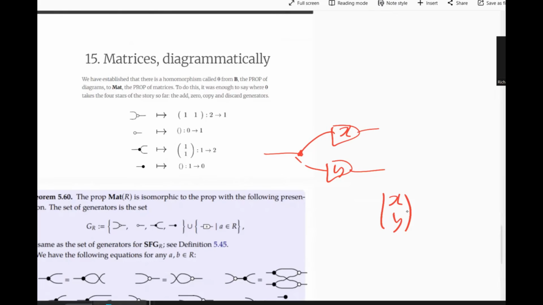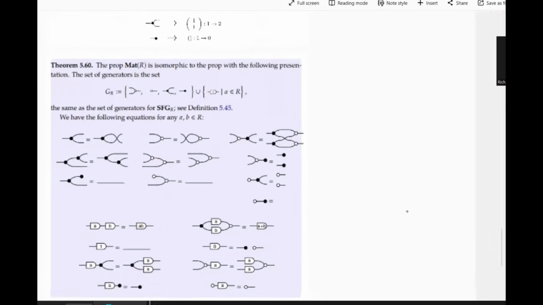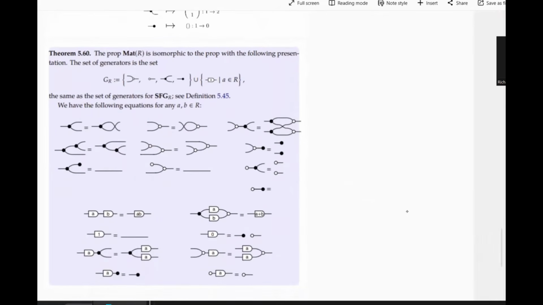So that's fine. And then, in fact, another great work that discusses this kind of graphical linear algebra, I mean, in the book they refer to them as signal flow graphs, is this book by Fong and Spivak, Seven Sketches of Compositionality, which is a real masterpiece.